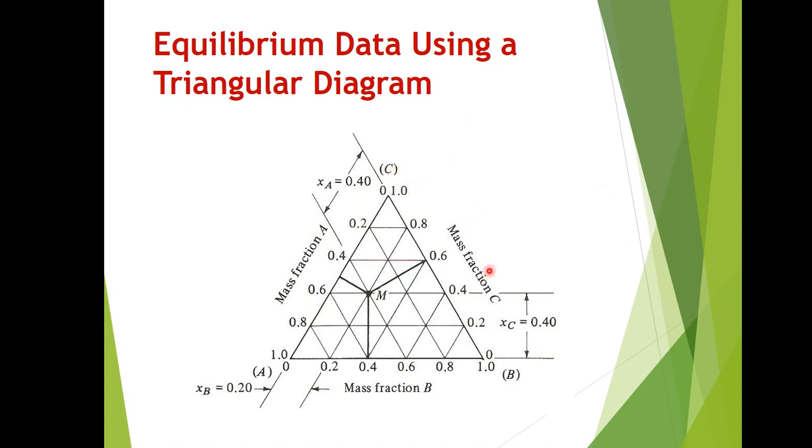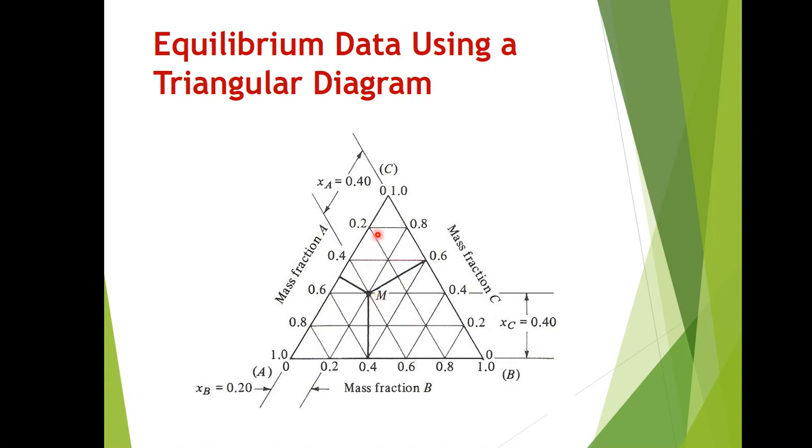Now the left side, as I already mentioned a while ago, gives you the concentration of the solute A. So it's 0 here and 1.0 down here. So that's how you read the concentration of A in your bulk phase. You read it parallel to the right side. Okay, 0.2. So in this case, your A in the bulk phase M is 0.4.